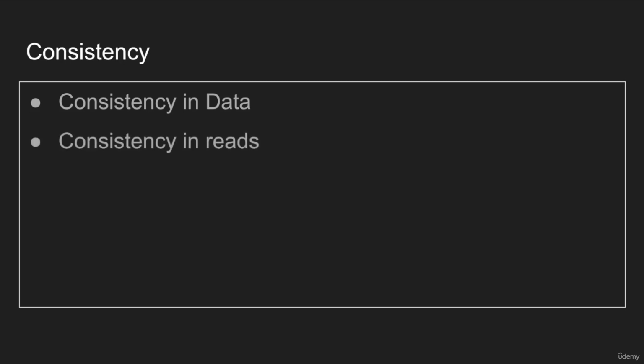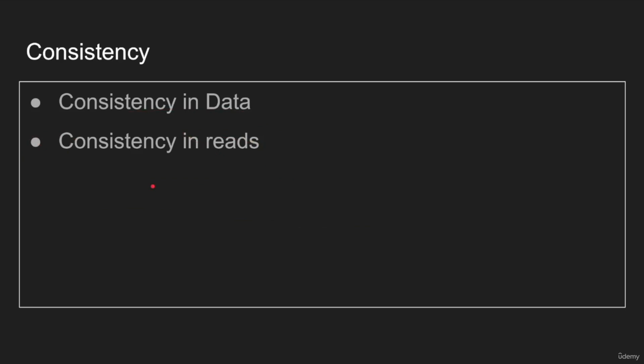And there is another consistency, which I call consistency in read. So your data might be consistent on disk, but the reading of the data becomes inconsistent because you have multiple instances and they are slightly out of sync. So this applies to the system as a whole.